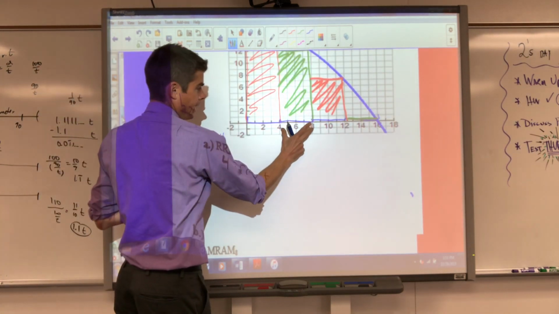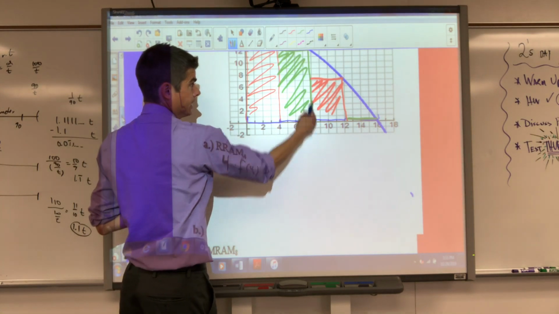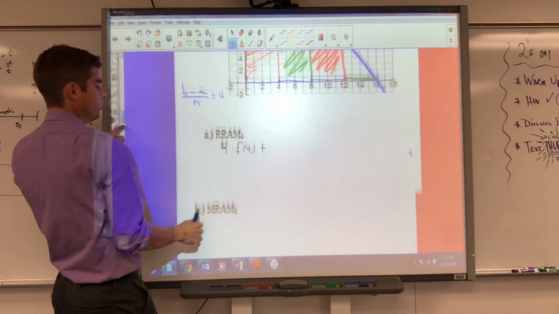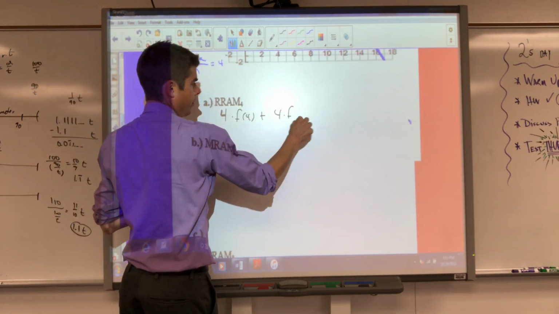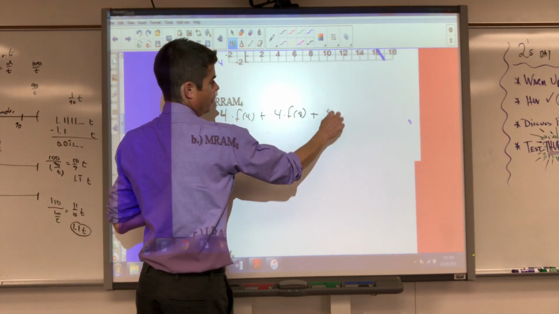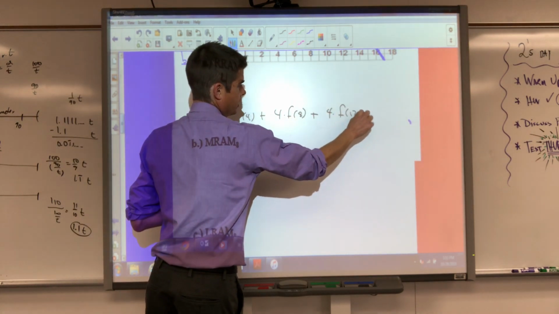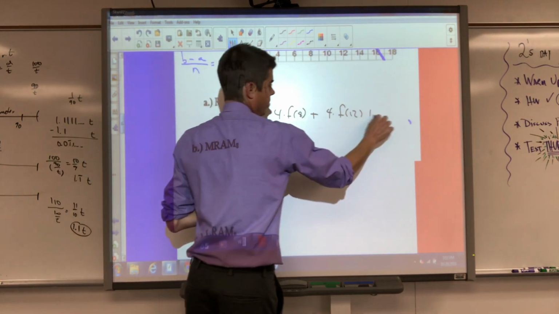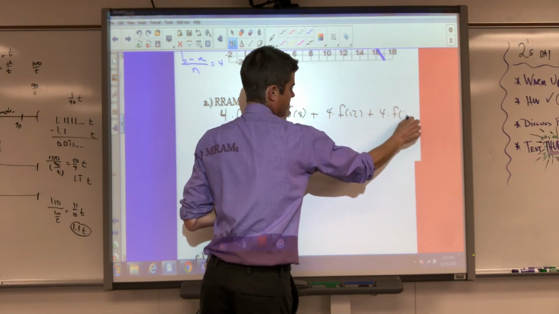This rectangle from 4 to 8 is still a width of 4, and the right side is f of 8. So 4 times f of 8, plus 4 times f of 12, which is the height of the third rectangle, plus 4 times f of 16.